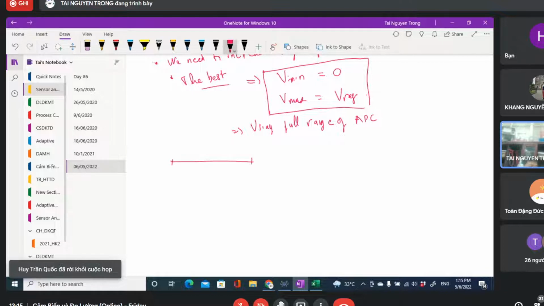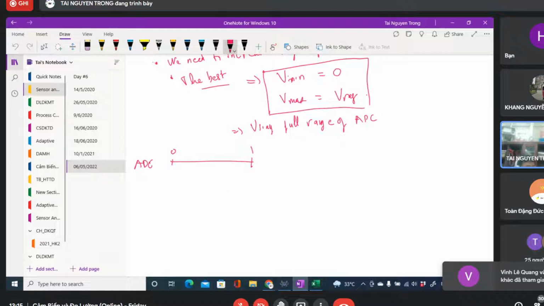Okay, as you can see, the range of temperature and the voltage. IDC will have a range from 0 to V ref, and then it will scale into IDC values from 0 to 1023.